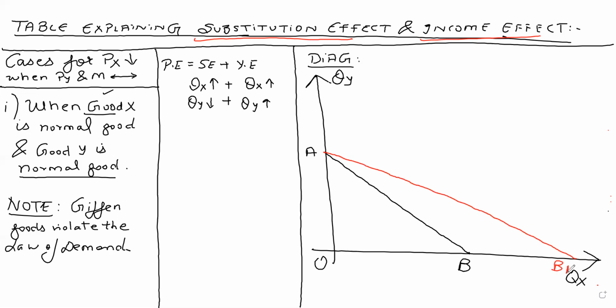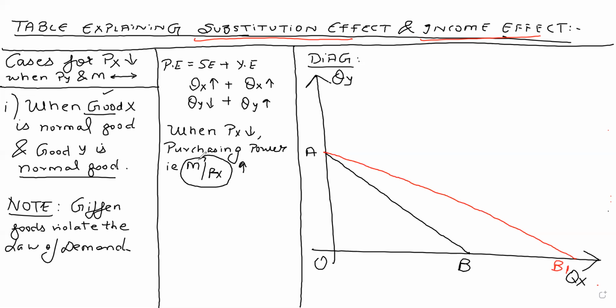Now, guys, understand this. How do I capture the substitution effect? Now, look at this very carefully. When price of good X falls, purchasing power, that is M by PX, goes up.